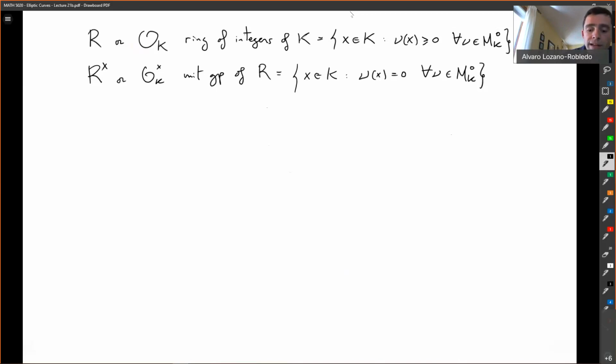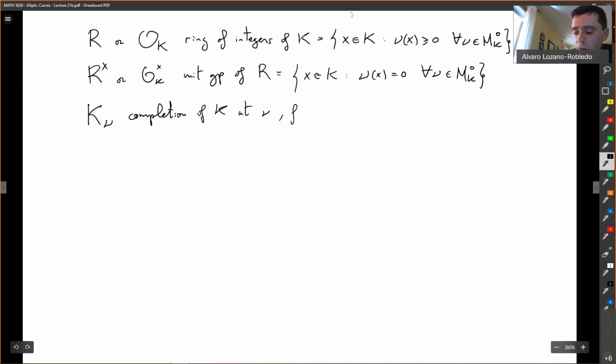Then we're going to complete at places, so we can use our material from local fields. For every place nu, I can write the completion of K at nu, for nu in M_K. For example, over Q, if nu is a prime p, a regular prime, then the completion is Q_p.